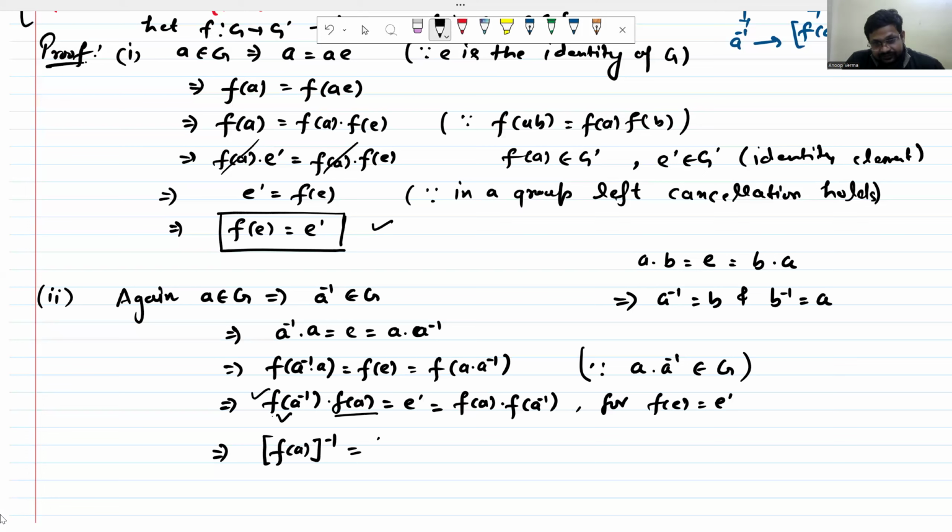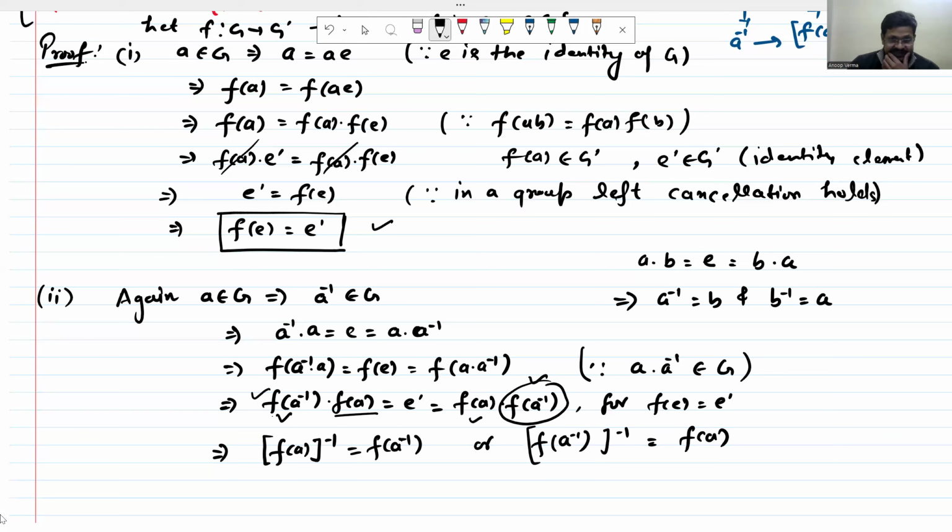If we take the inverse of FA inverse, we will get FA again. This element and the inverse of this element are represented like this, and it will equal FA. You get this element again.